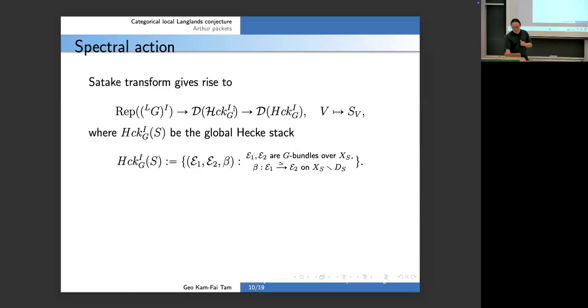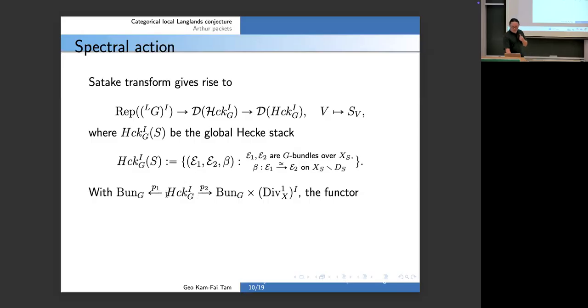If you go back to the definition of the local Higgs stack, it goes to, sorry, it's the other way, global to local. You take the derived category of sheaves on these two. So let's say a representation V of the L group goes to a sheaf denoted by S_V. Then this S_V will be used to define the Hecke operator.